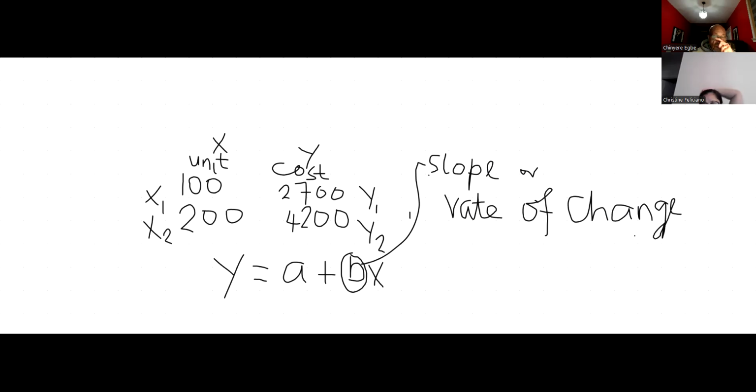B is the slope. A is the constant value, the starting value. You get it? Okay.